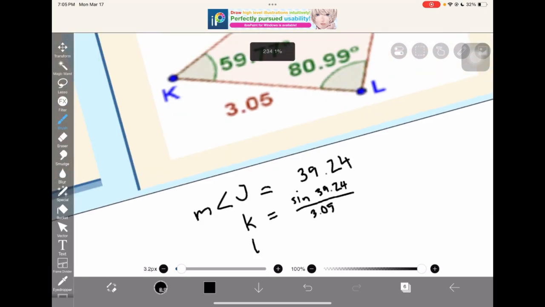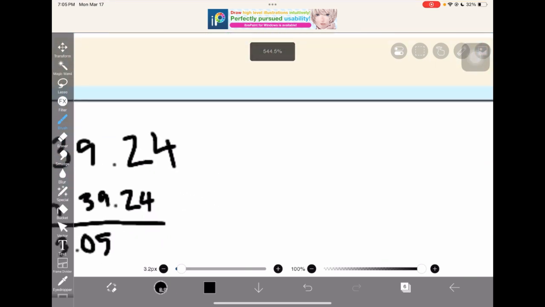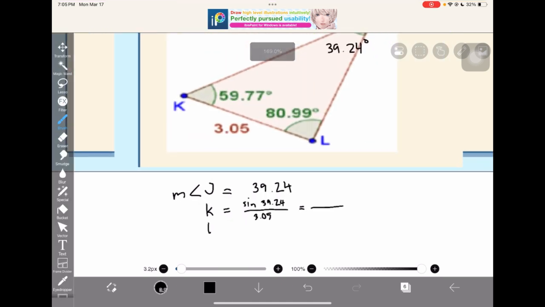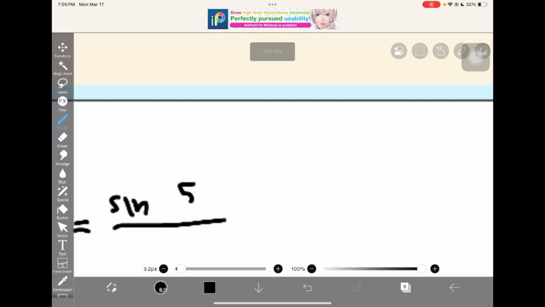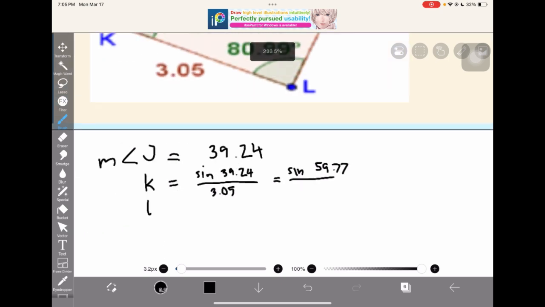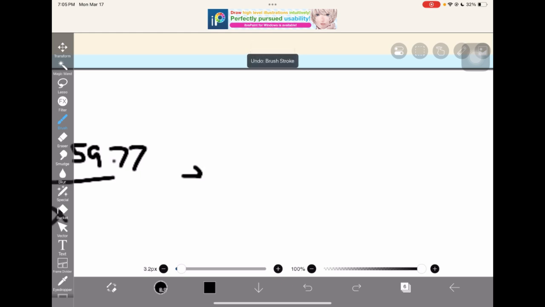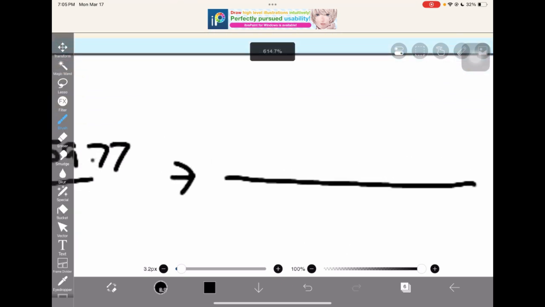That's our sine J over j is equal to, we got K, right? So sine of 59.77 all over, we don't know. Once again, let's reapply that cross multiplication. Sine 59.77 times 3.05.